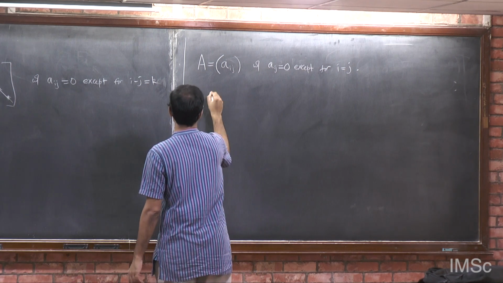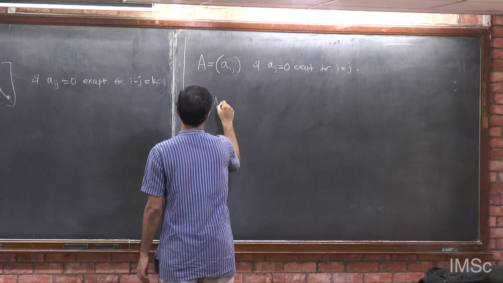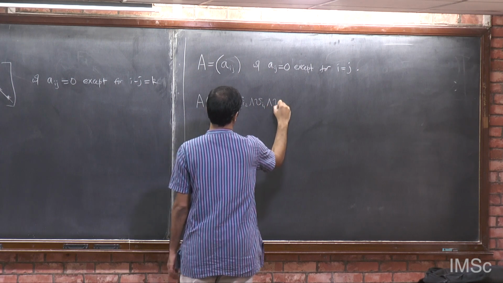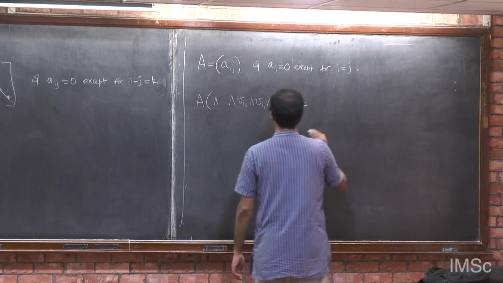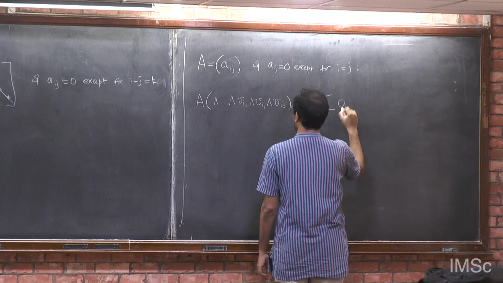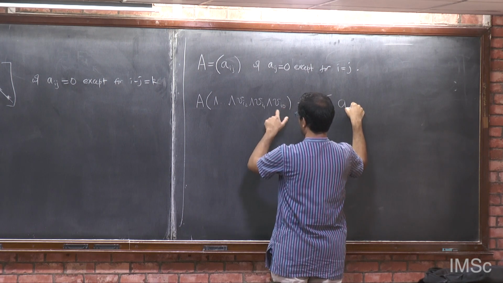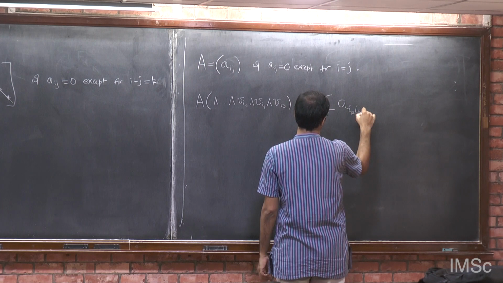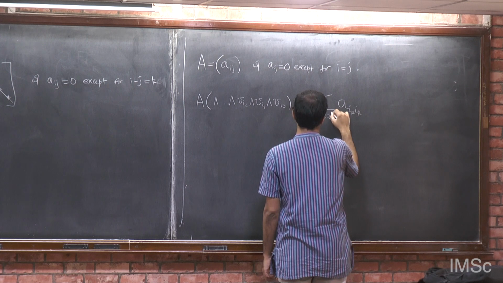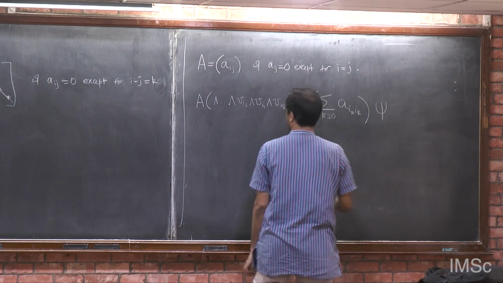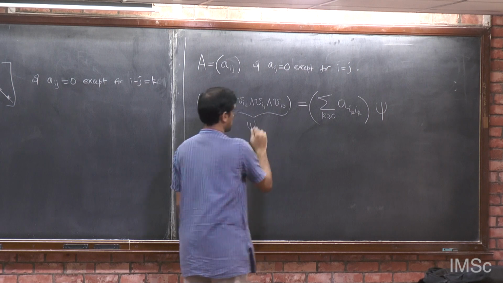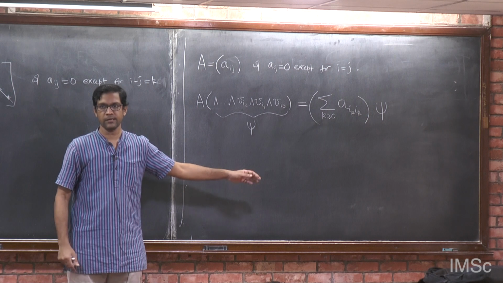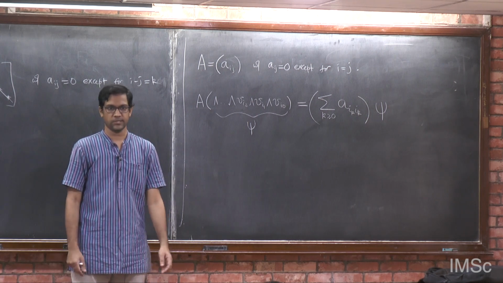So if you try to make A act on that wedge, it will just give you the summation A_{i0 i0} plus A_{i1 i1} plus A_{i2 i2} and so on. So this is what will give me all those diagonal entries. Correct? That's what it will give me if I actually tried to make it act, and of course that's not defined because it's an infinite sum.